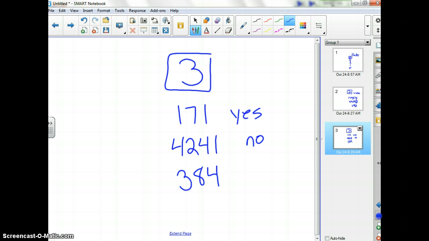How about this one? Cole? Yes. When you add them up, what did you get? 15. Does 3 go into 15 evenly? Yeah. You bet. Good trick, right? Now, if I had a really big number, could we still do this? Sure. As long as you can add all the digits, it'll work.